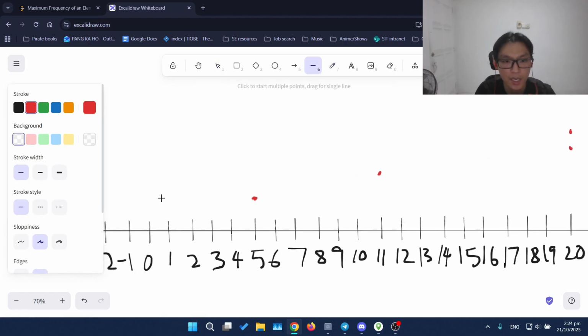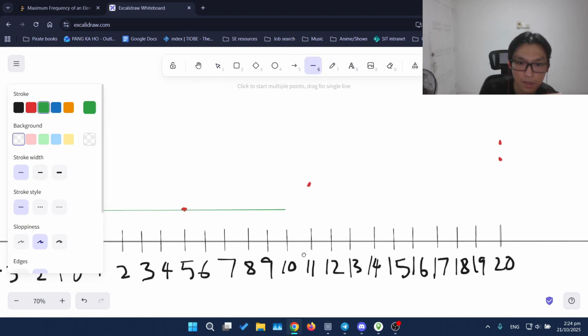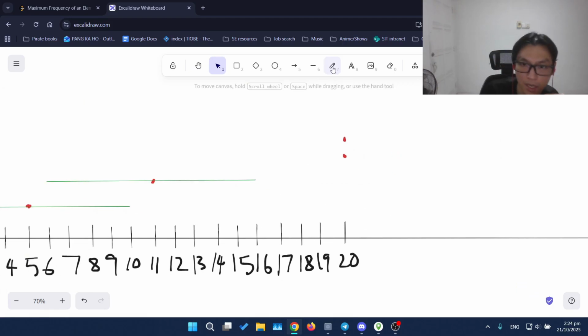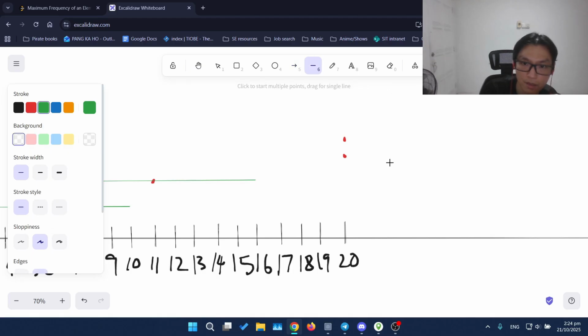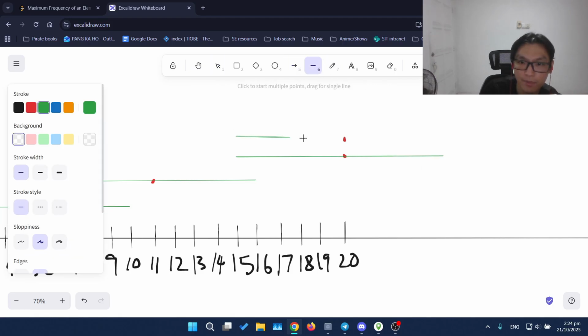Then we draw a line, green line, 5 to 10. Yep. This is 6 to 16. This is, oh, we need a few more lines. So actually in this case it doesn't really matter, I hope.